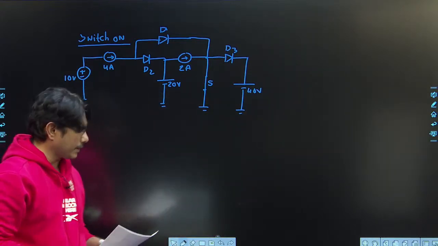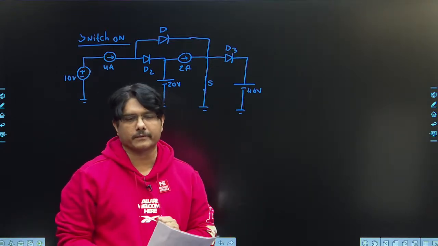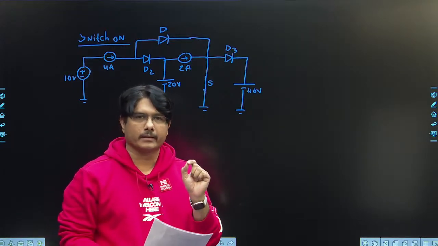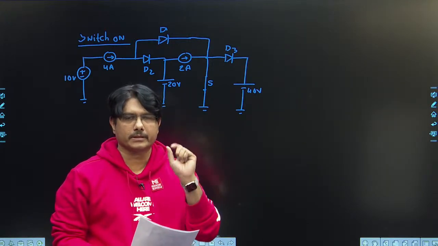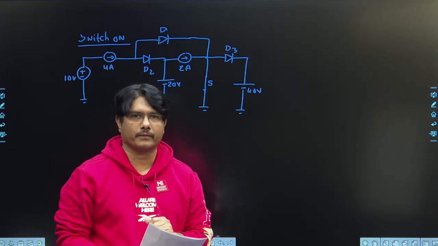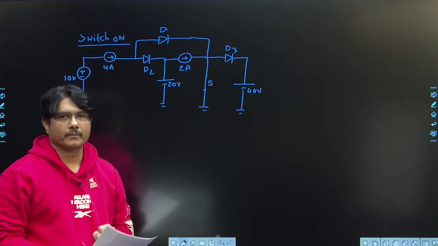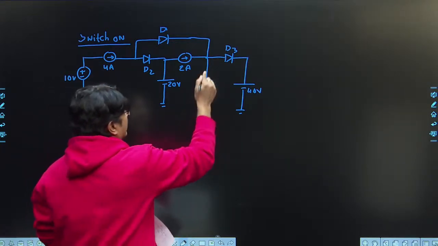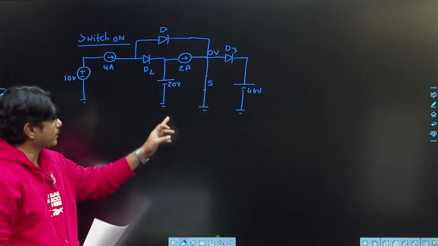Whenever 3 diode problems come, most of the students get tension. Why? Because 3 diode switching will take more time. But I already told you in the classroom that whenever 3 diodes are there, one diode is a dummy. By observation only you can tell whether that diode is on or off. If you see properly, there is a short in this switch. Whenever there is a short here, this will become 0 volts, directly ground.